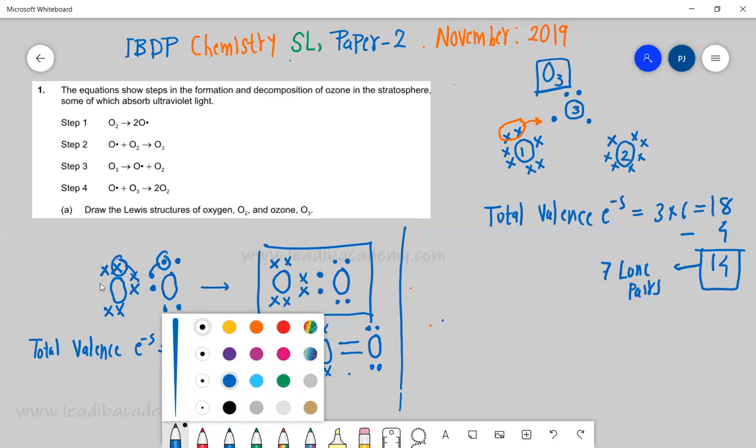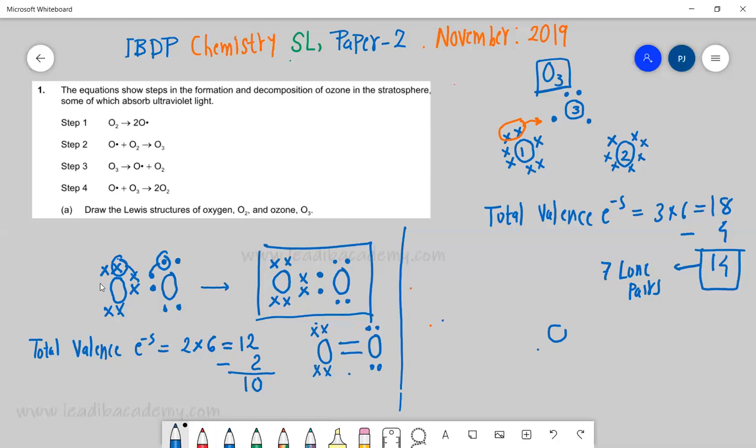So let's see what structure we will get: oxygen, oxygen, oxygen. Now we will get a structure like this.